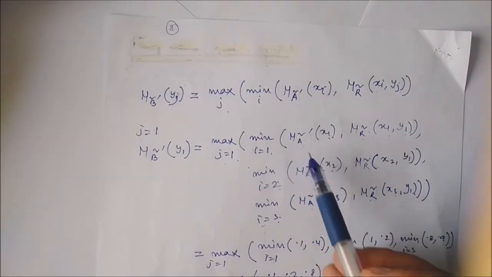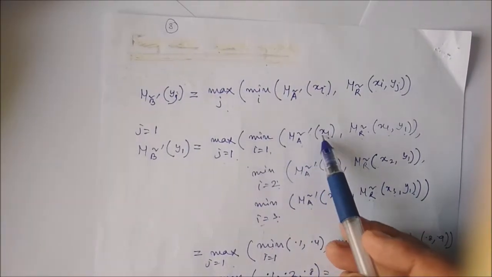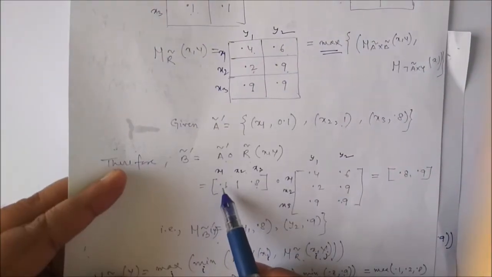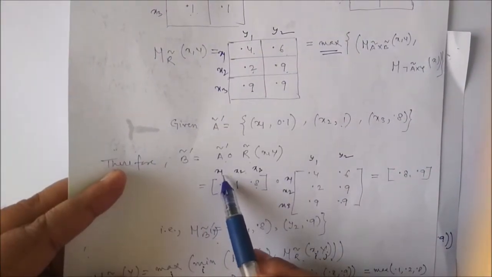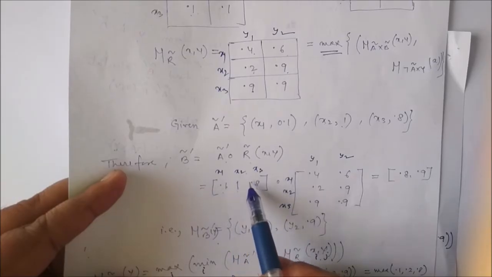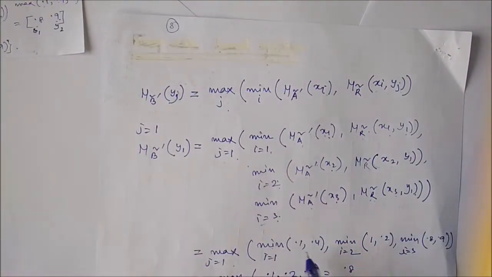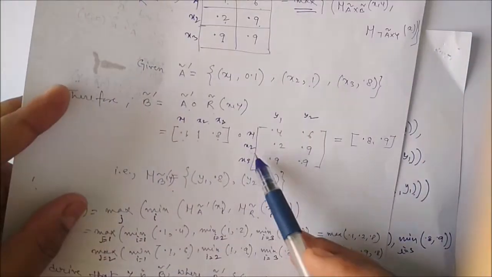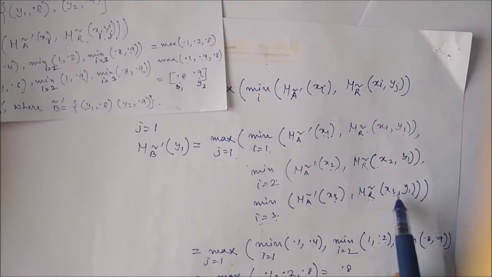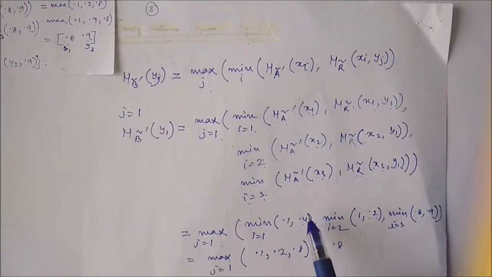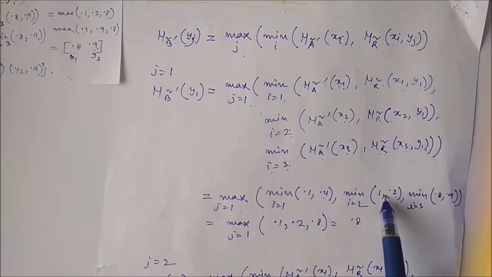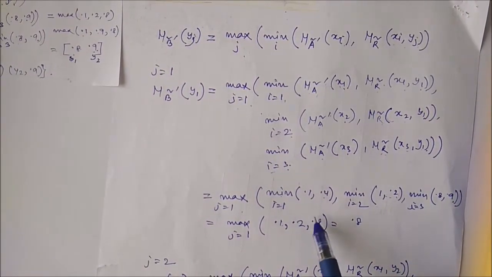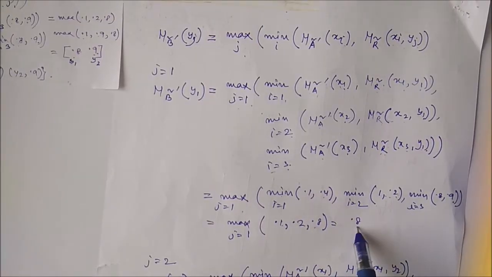So if j is equal to 1, mu a dash x1 is 0.1, mu a dash x2 is 1, and mu a dash x3 is 0.8. Then x1 y1 is 0.4, x2 y1 is 0.2, and x3 y1 is 0.9. Take the minimum: 0.1, 0.2, 0.8, and from these we take the maximum, that is 0.8.